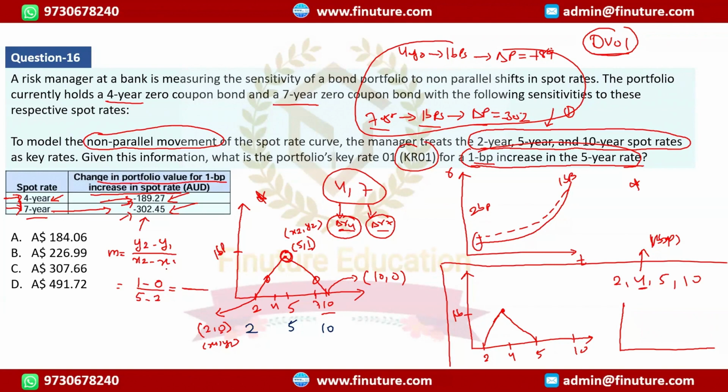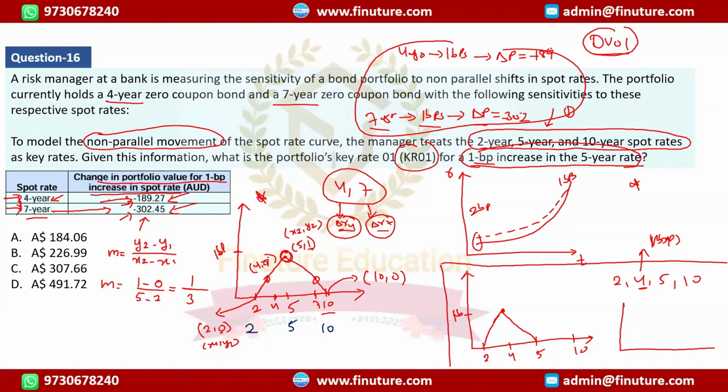So y2 minus y1 is 1 minus 0, and 5 minus 2, so it's 1 by 3. So my slope is 1 by 3. Now, can you tell me what would be my r here? That's what I'm interested in, delta r.